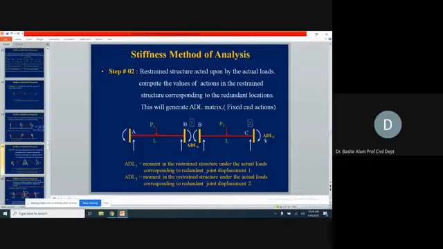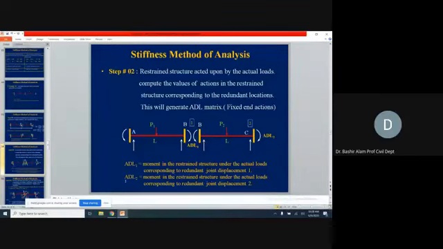D2 was again a rotation. So corresponding to the rotation at that particular coordinate, we should be looking for the action, and the corresponding action to the rotation is moment. And the moment is this ADL2. So whatever fixed end moment is coming here, if it is in the direction of D2, we take it positive and write its magnitude.